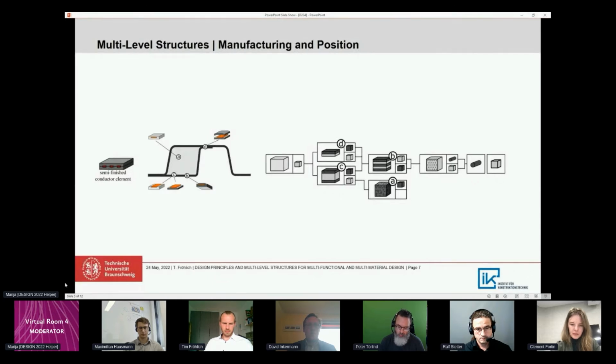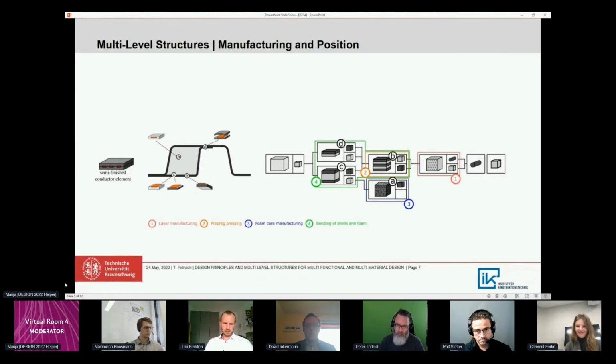Therefore, the individual manufacturing processes can be assigned to the multi-level structure in case of layer manufacturing, pre-preg pressing, foam core manufacturing, as well as bonding of foam core and FRP shells by an adhesive.